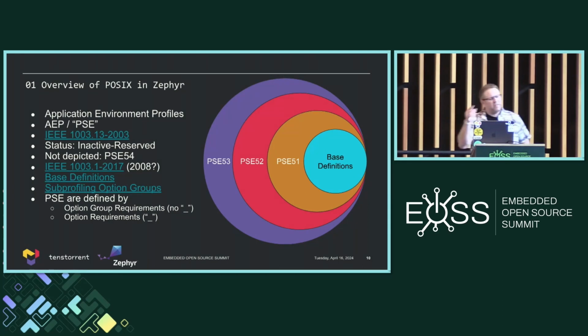I think it could have been 2008 where they switched over to sub-profiling option groups, instead of this application environment profile. And with all the identifiers that I'm going to be listing in the coming slides, the way that you differentiate between an option group and an option is that the option has an underscore prefix.